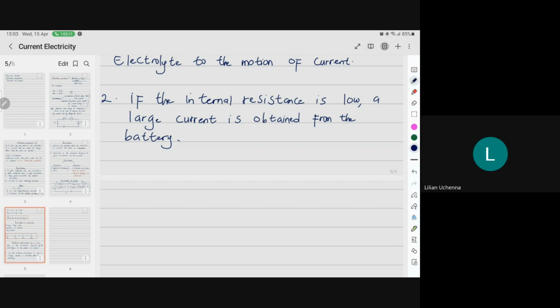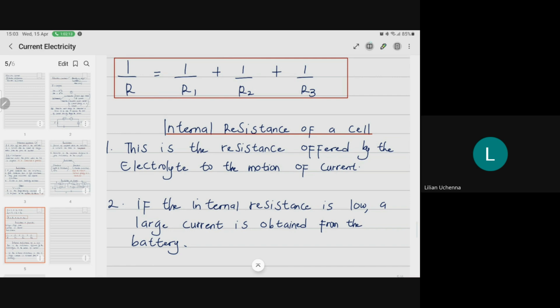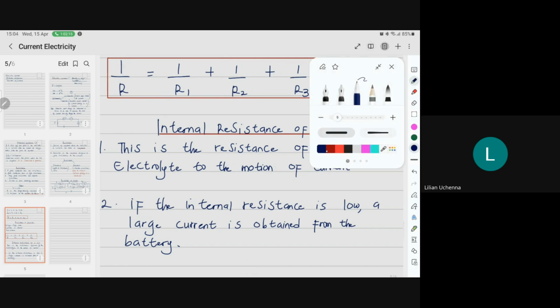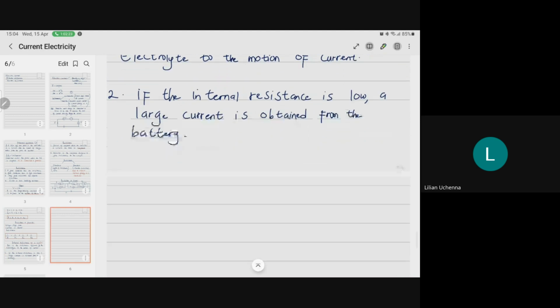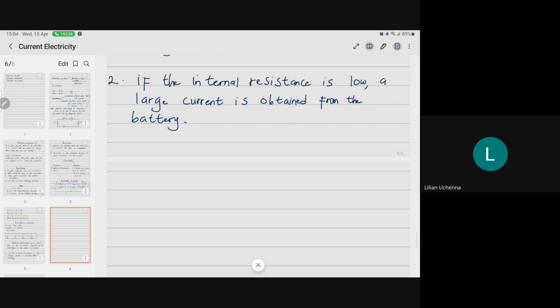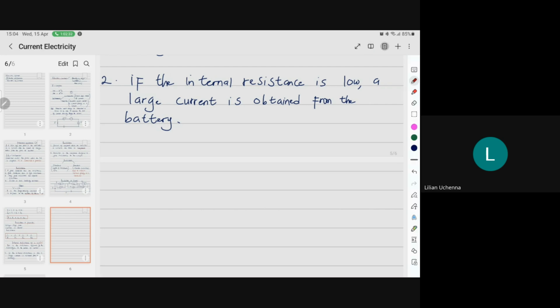So let me put your small r here to know that this is the symbol for your internal resistance. When do we make use of this formula? It is anytime you notice that a cell has internal resistance r and there's an external resistor connected to that circuit.